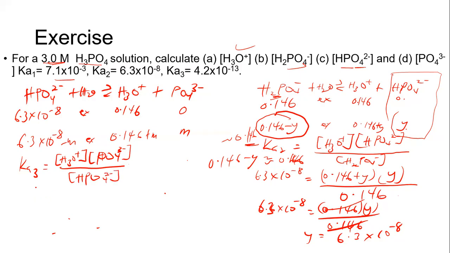Good. Then we substitute. So we'll have the Ka3, 4.2 times 10 raised to the power -13, is equal to, now the acid here is 0.146 plus M, right?